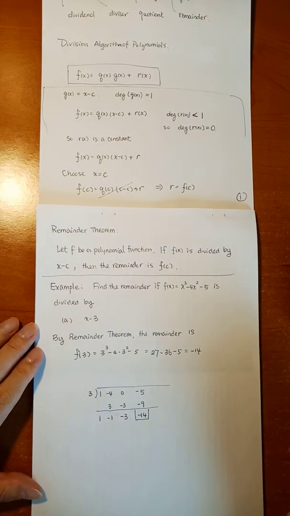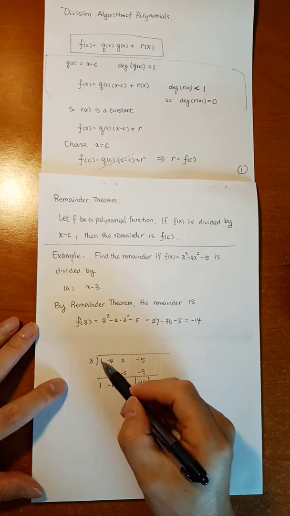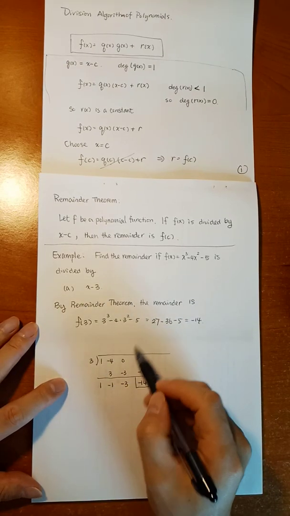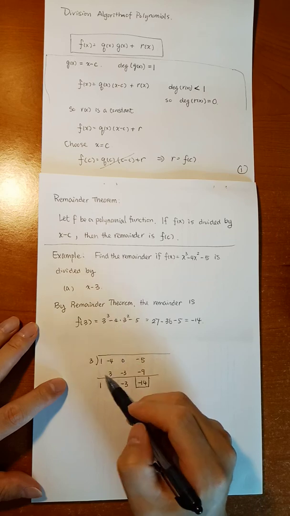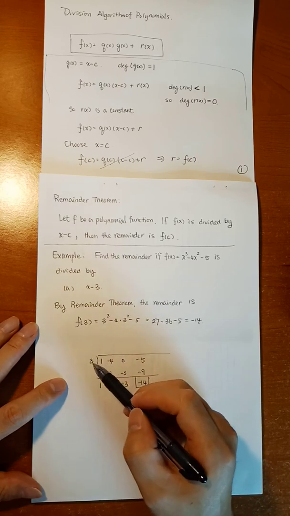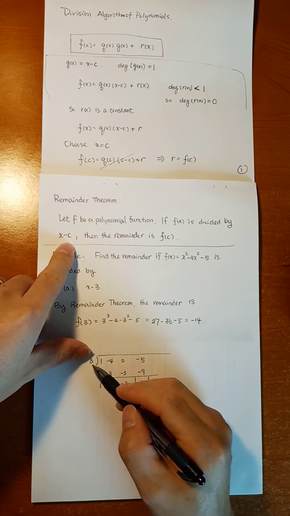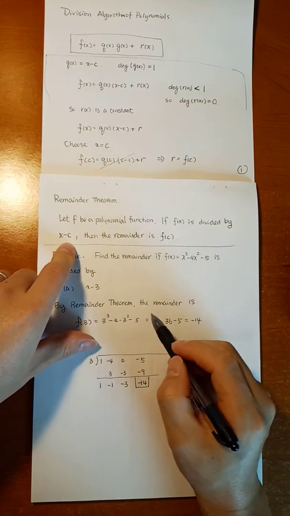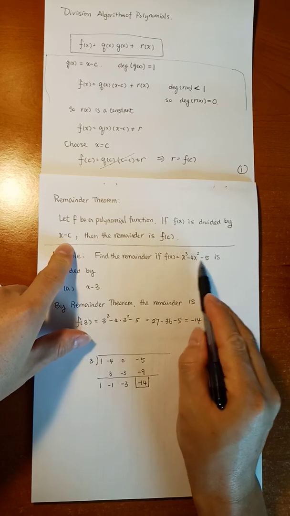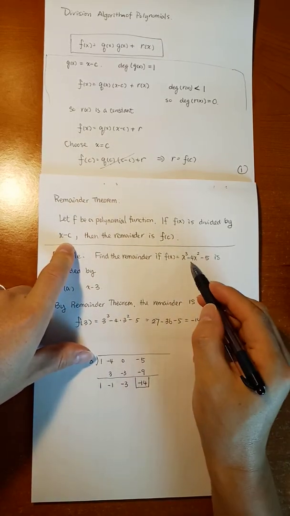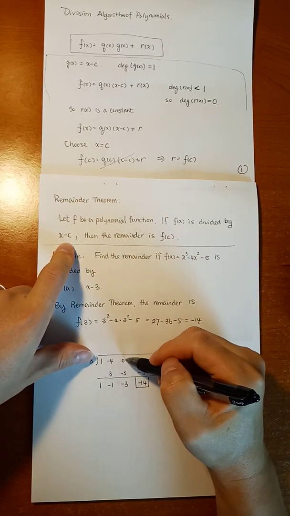Do you still remember synthetic division? You drop the first term, and it is only possible for division by x minus c. You copy c here, then copy the coefficients of the polynomial, and if there's a missing term, you put 0.